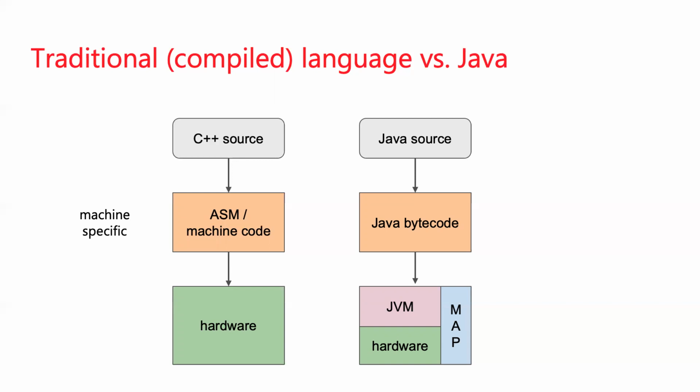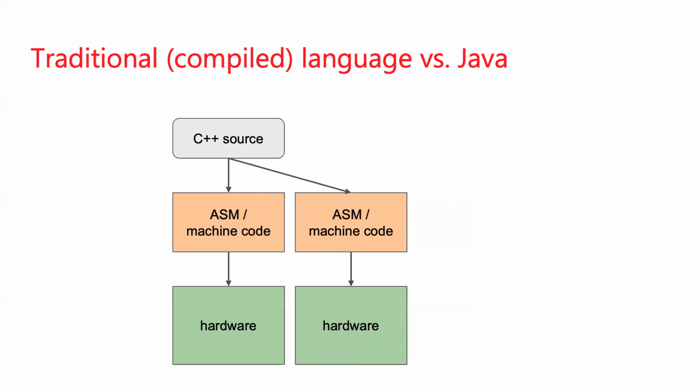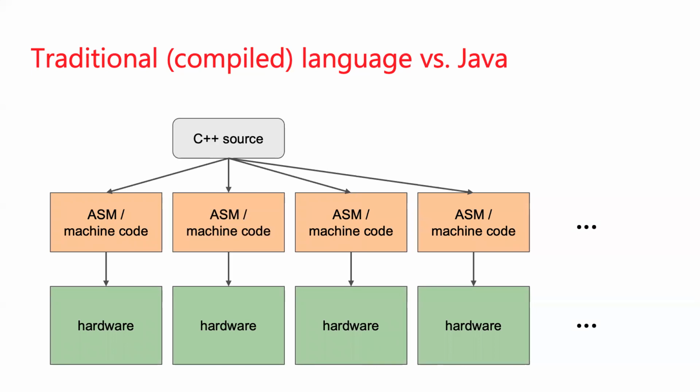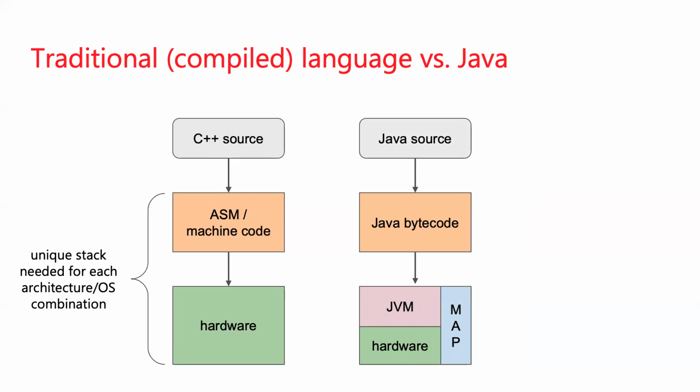So even if you're running on exactly the same processor, you might have to compile C code to different executables depending upon your OS or depending upon your processor. So if you want to run it on a few different types of machines, you've probably got to compile that code multiple times, once for each machine you want to run it on. Again, because even if it's not just machine instructions, there are a lot of details about what's going on within that code that could depend on a lot of aspects of the machine.